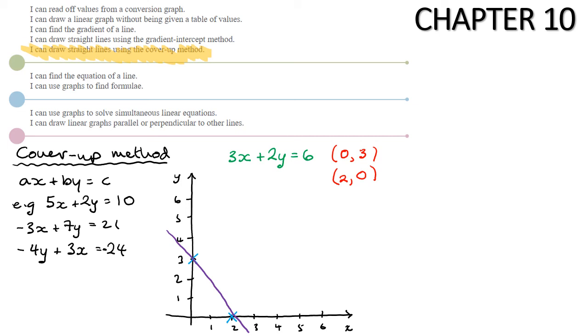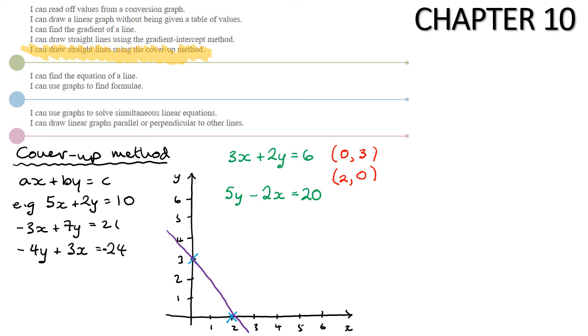Okay, let's say I had a different one. So let's say that my straight line was 5y minus 2x equals 20. I'm not actually going to plot this line, I'm just going to work out the coordinates.